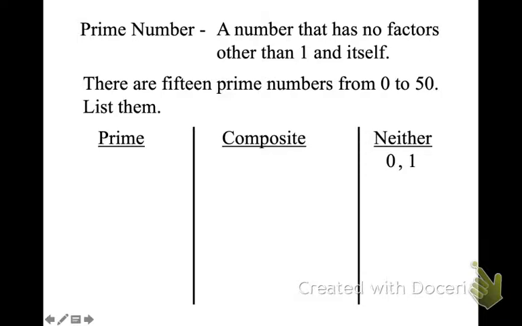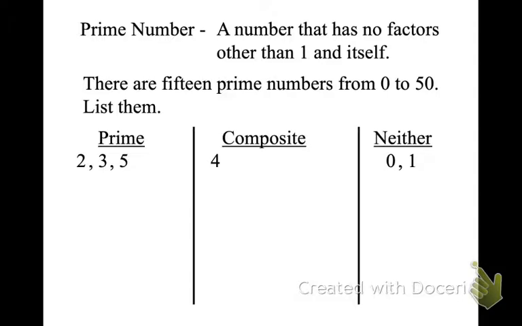Prime numbers start with 2 because the only numbers that divide in are 1 and itself. Okay, so then we have 3 is prime, but 4 is composite. A composite number is anything that has more than 1 and itself as a factor. So the factors of 4 are 1, 2, and 4.